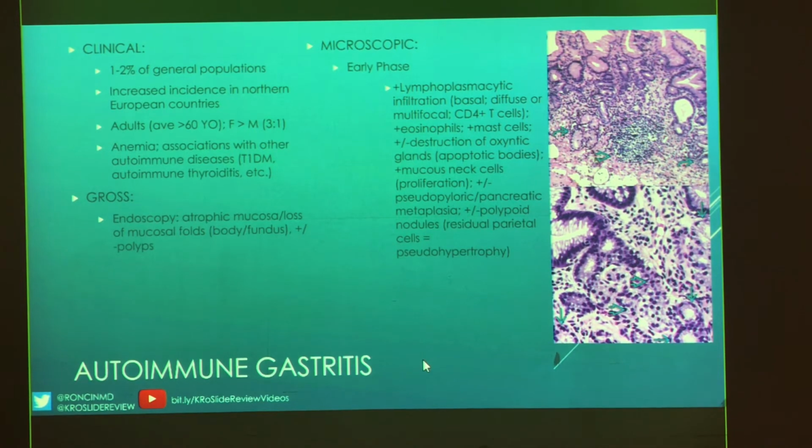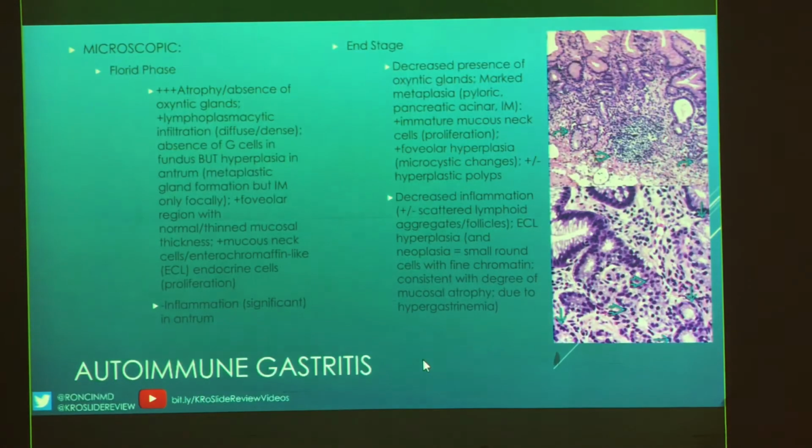There may or may not be destruction of the oxyntic glands. That's what I was talking about. I didn't really appreciate a lot of apoptotic bodies. I think the first case had a few, but it was very focal. You can have mucous neck cell proliferation, as well as pancreatic metaplasia and polypoid nodules. I have a little bit in here about the florid phase as well as the end stage.